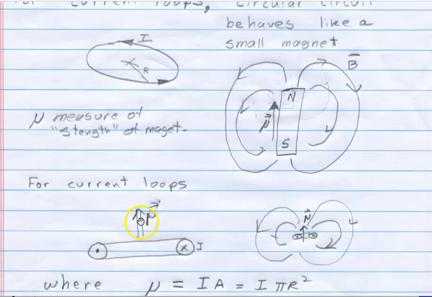And for these, one can treat the magnetic field that's produced. It's a current, so it produces a magnetic field, and that magnetic field can be mapped. It looks very similar to the magnetic field of a bar magnet. In fact, here I've drawn some of the field lines for it.